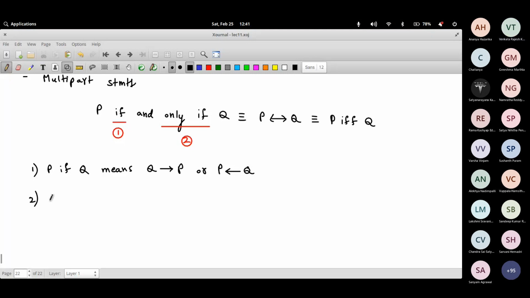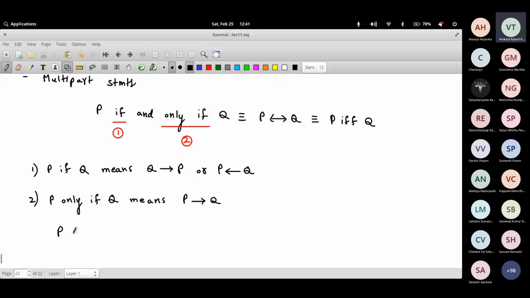And P only if Q means P implies Q. Okay. So, okay, I'll explain, just a minute.